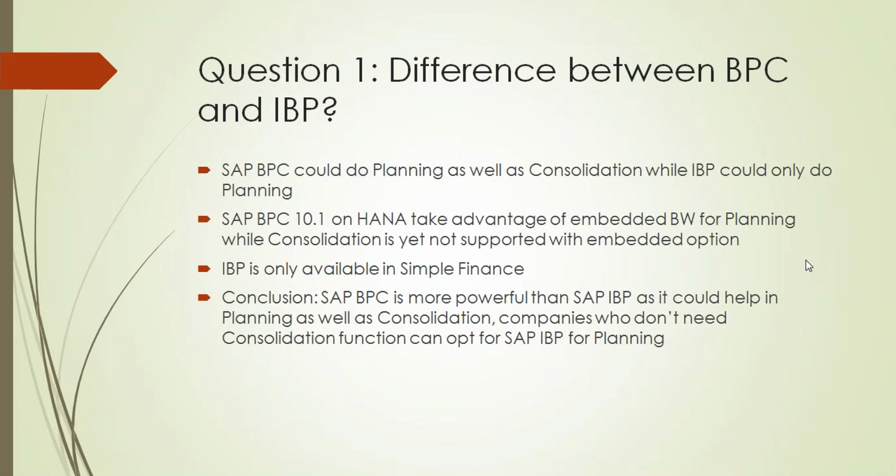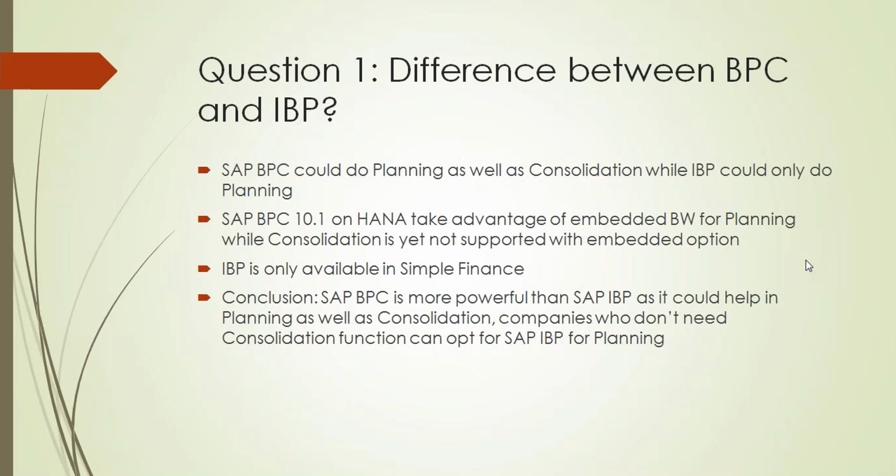So if the company needs both business integrated planning plus consolidation, then it is a better idea to go for BPC, because integrated business planning is not going to support consolidation. It is only a tool for planning. But I have seen somewhere that SAP is also developing consolidation within integrated planning.